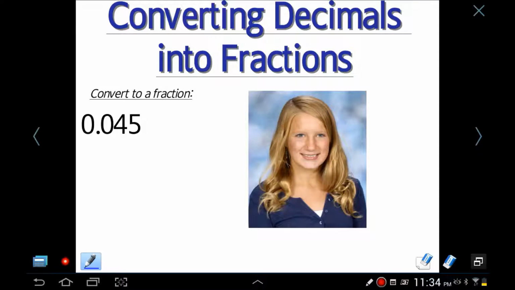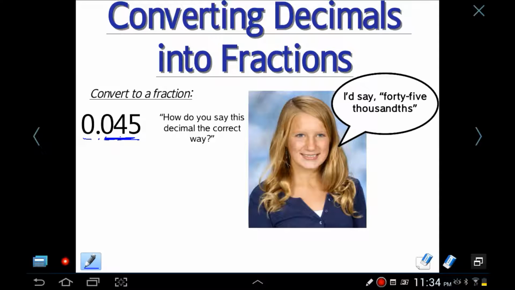Next one here. All right, let's hear what Samantha has to say about this one. Now, how do you say this? 0.045. Now, that's the wrong way to say it, and I'm betting Samantha knows how to say it the correct way. And Samantha would say 45 thousandths. The 5 is in the thousandths place, so that is why she said thousandths.